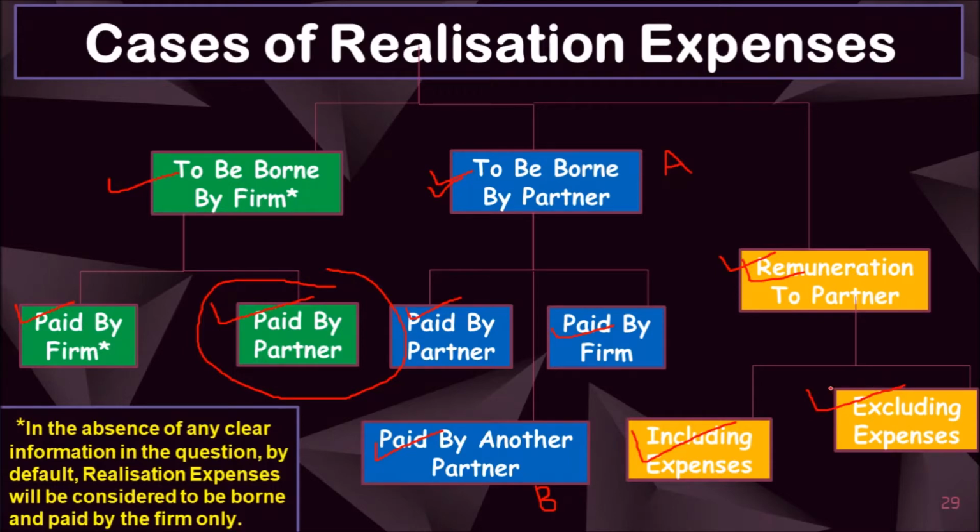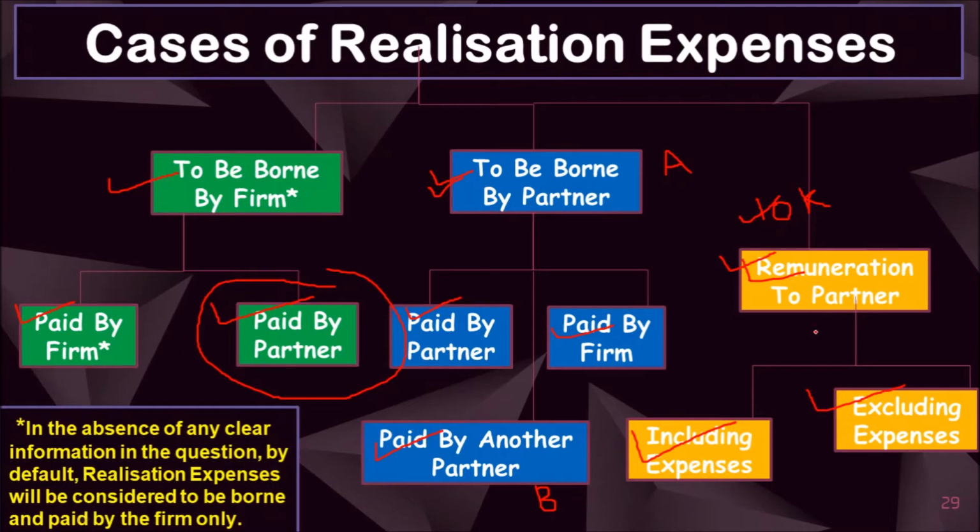So what's going to happen in that case? Say for example there is a partner called A and the firm has given him 10,000 rupees as remuneration including the realization expenses. In that case the entire responsibility of the amount and everything will go to the partner. But in the other case, let's take the same example: the partner was given 10,000 rupees only as remuneration to run the process.